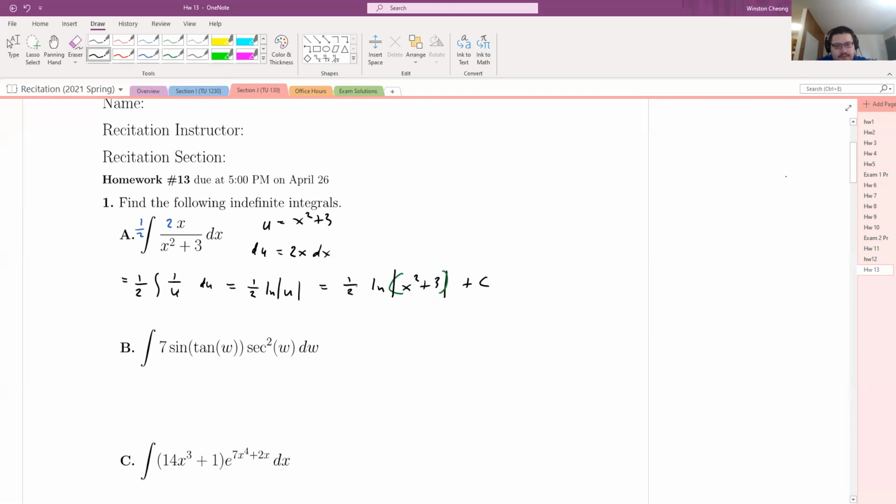It's not something that you need to state, but if you see that, it can be helpful if you're going to work with the answer afterwards. It can be easier to deal with not having an absolute value there. But okay, so this is the answer for A.